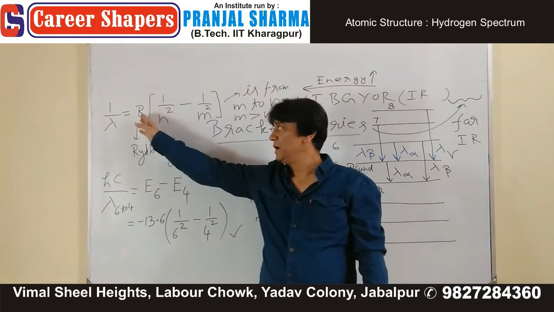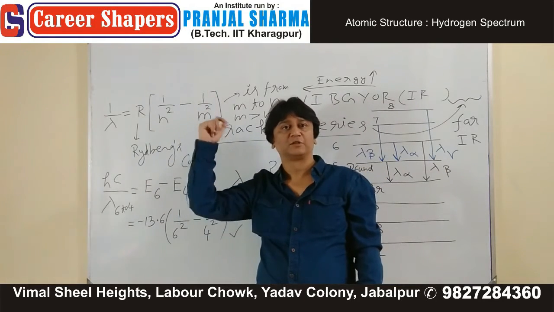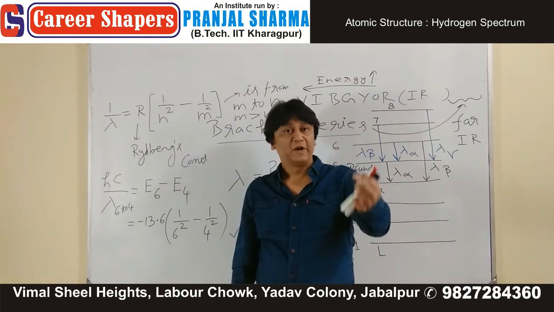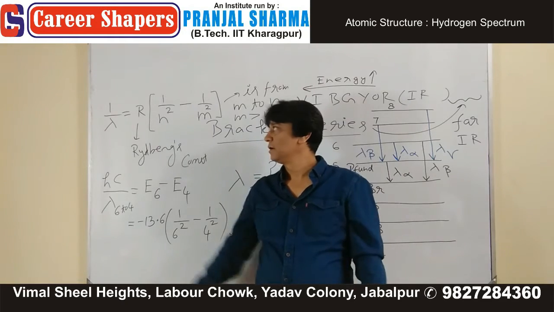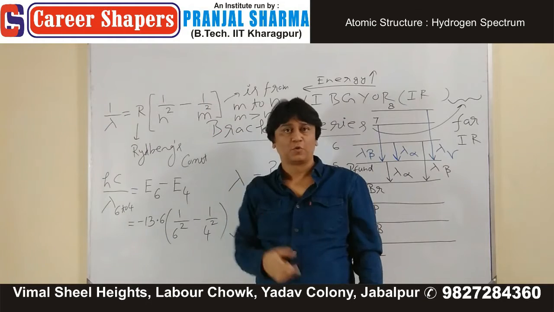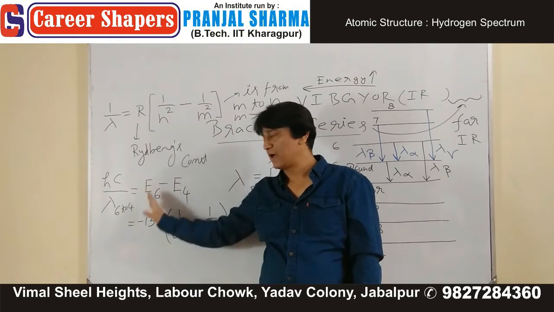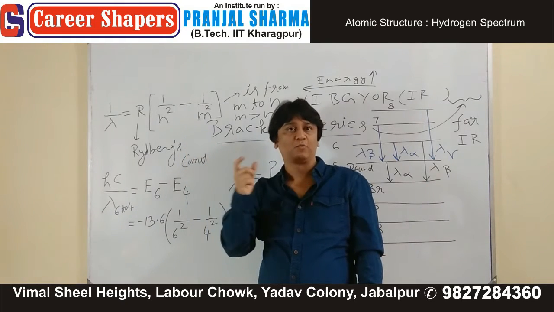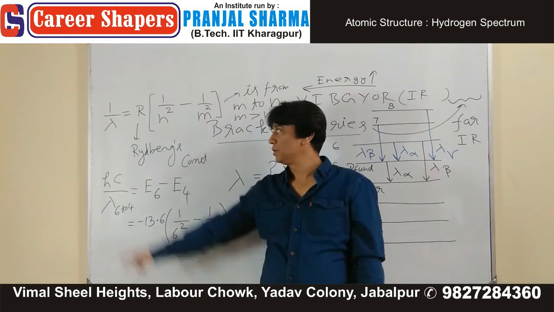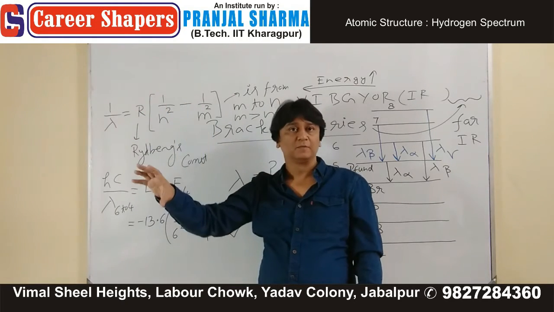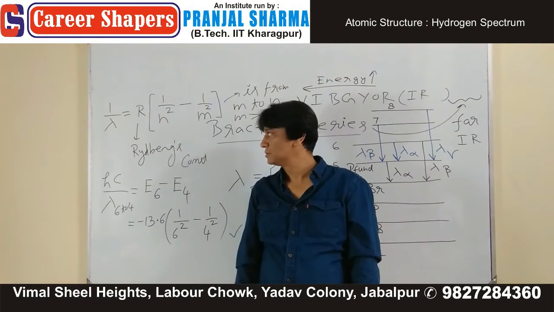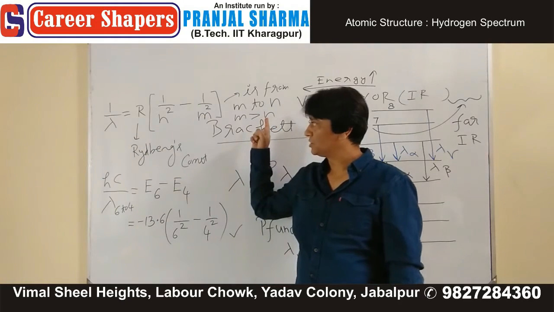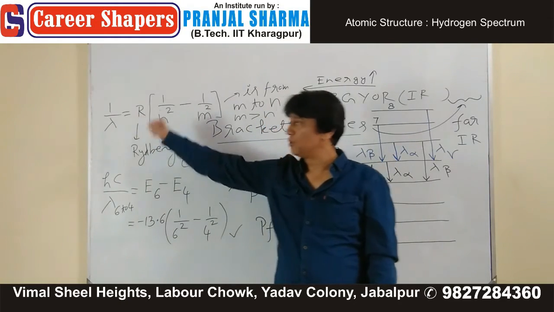Now, in terms of Planck's constant, speed of light, charge, permittivity, everything, you can see your notes, the way we developed the whole formula of energy. The term 13.6, what it was basically. So I'm asking you R in terms of these fundamental values. Take 1 minute's time, note down this much, and then get to the value of R.